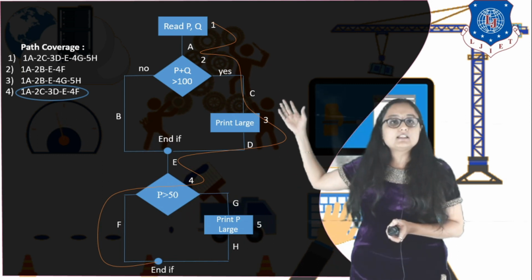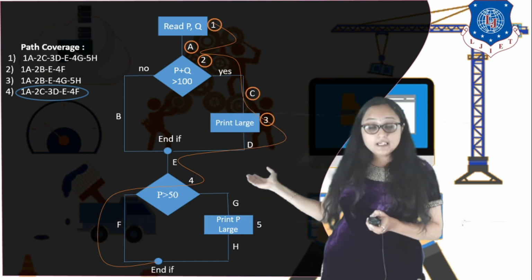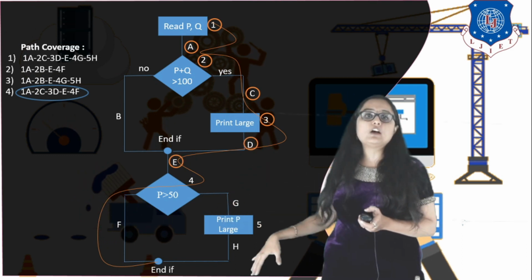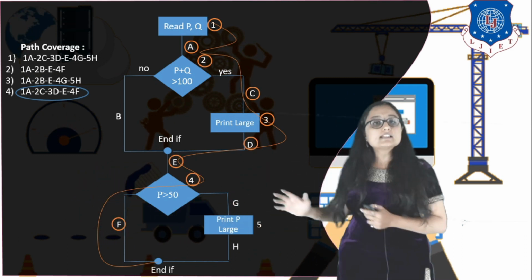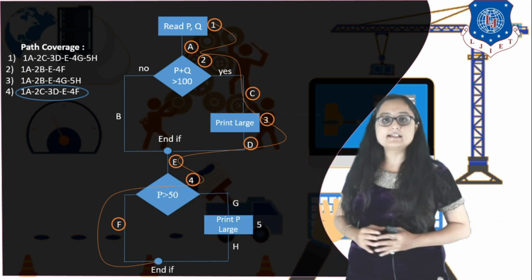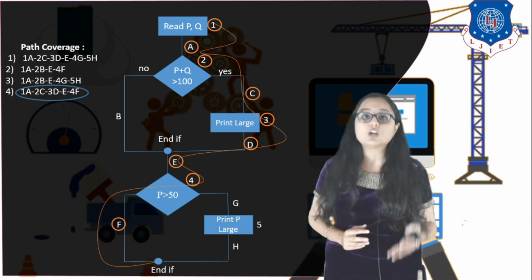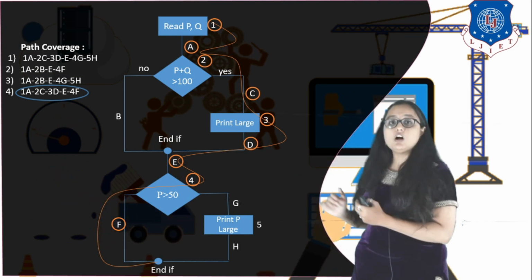So that path is 1A, then 2C, then 3D, then E, and then 4F, right? So this is the path that was remaining. So in path coverage, for this particular example, we have four independent paths that we have to cover, right? So this was about path coverage.